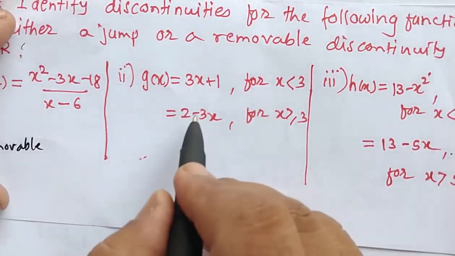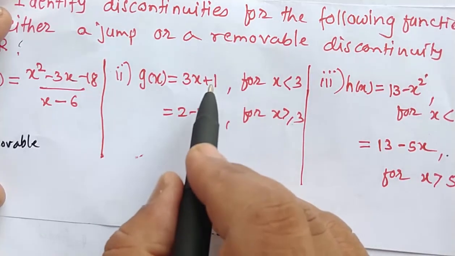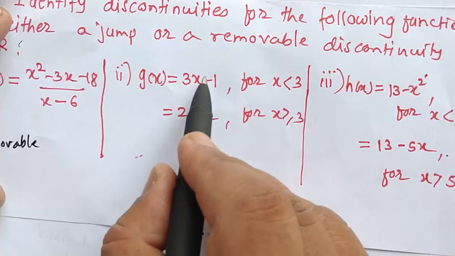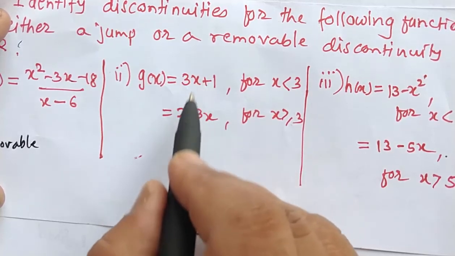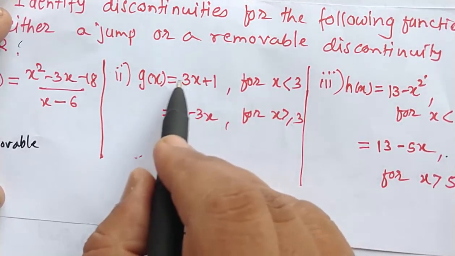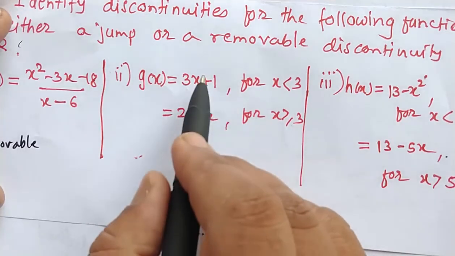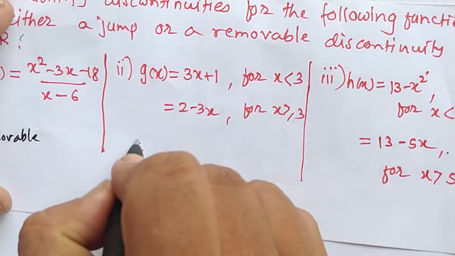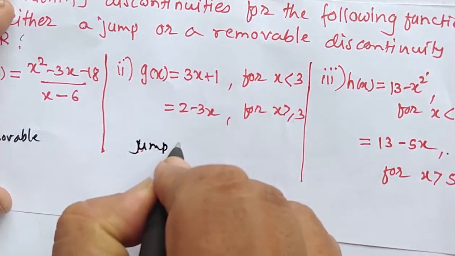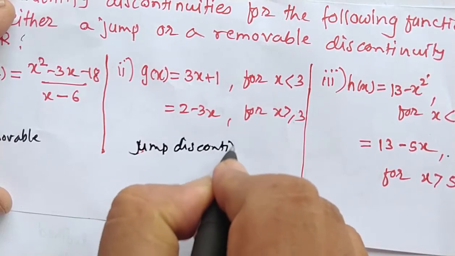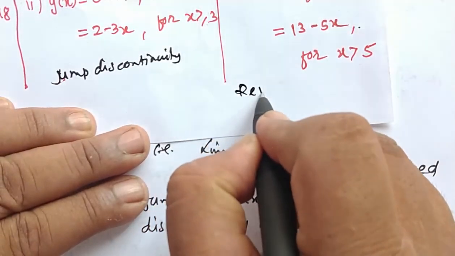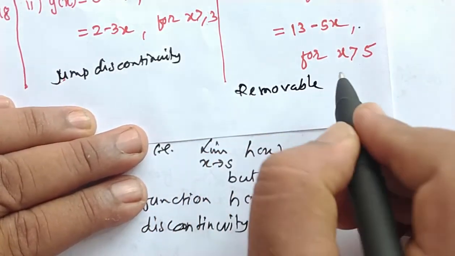Second type, the function is discontinuous, that is the left hand limit and right hand limit are not equal, therefore it is irremovable or jump discontinuity. Third has removable discontinuity.